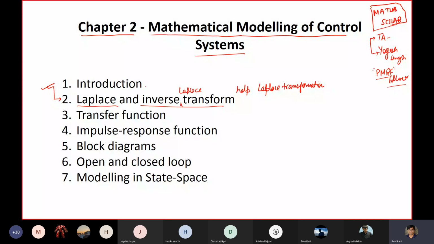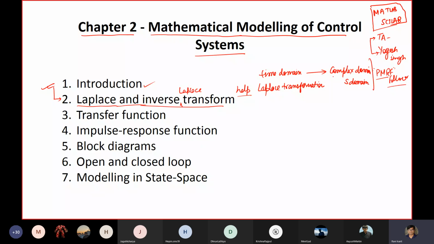Okay, so introduction. Yes, we are talking about the Laplace and inverse Laplace transform. It helps us to transform our time domain equations into the complex domain, or so to say the S domain, also called the Laplace domain.